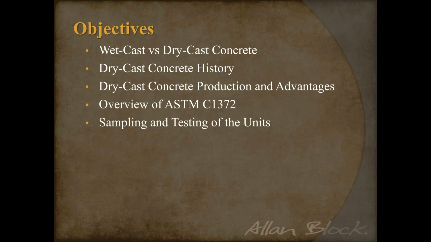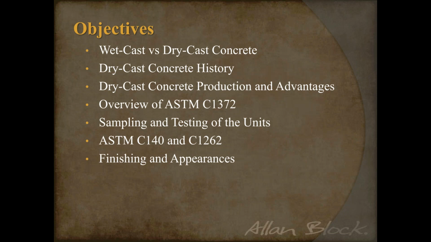Inside of ASTM C1372, they reference C140 and C1262. C140 is for testing, and C1262 is also testing, but specific to freeze-thaw durability. Finishing and appearance is part of C1372, and then we'll finish up with a conversation about best practices.